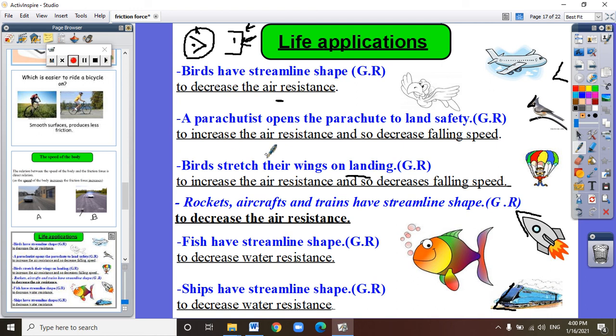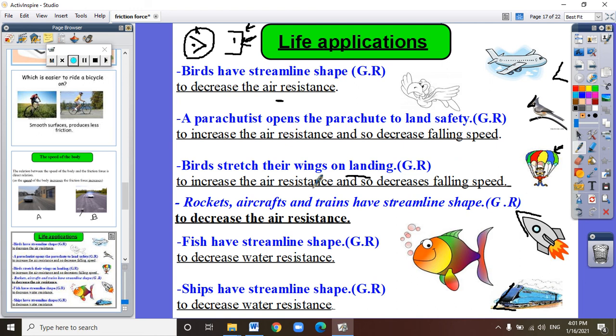And also we have here the same question. The parachutist opened his parachute on landing. When he opened his parachute here, is he increasing or decreasing the surface area? Very good. He increased the surface area, so the friction force will increase, so that he will be able to stop moving. Very good.